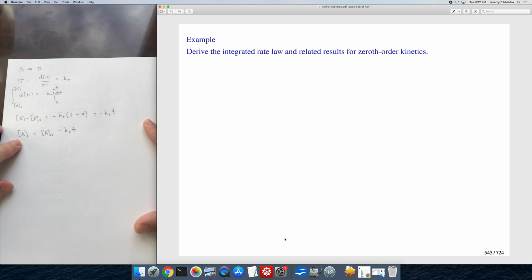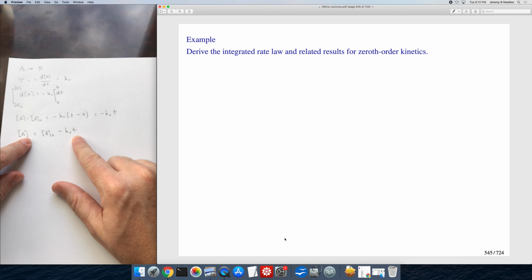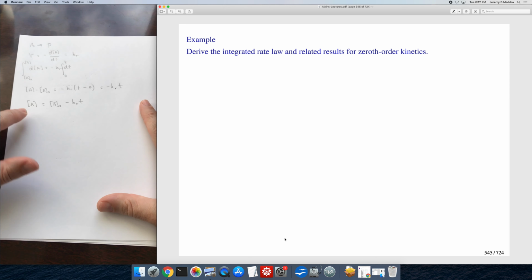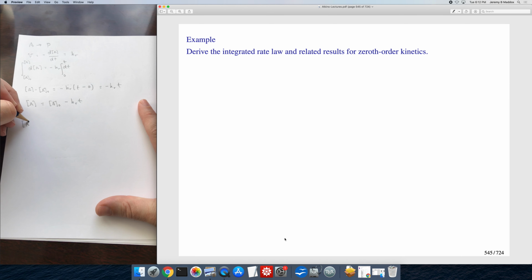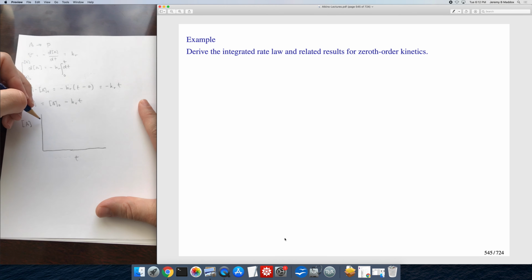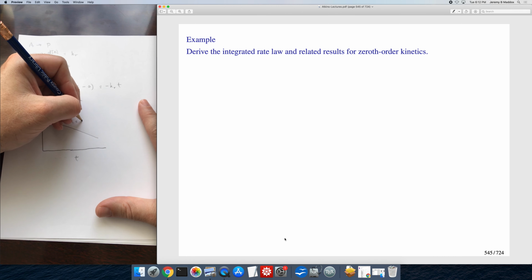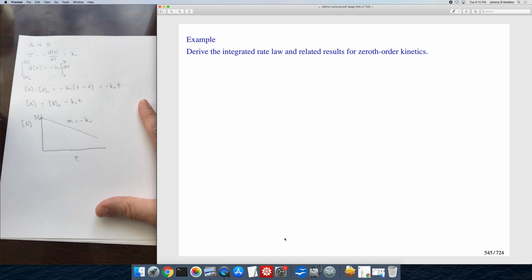for the concentration of species A as a function of time. We see that it's a linearly decreasing function. So if you were to plot A versus time, the intercept would be A0, and then it would decrease here, and the slope would be equal to minus Kr.